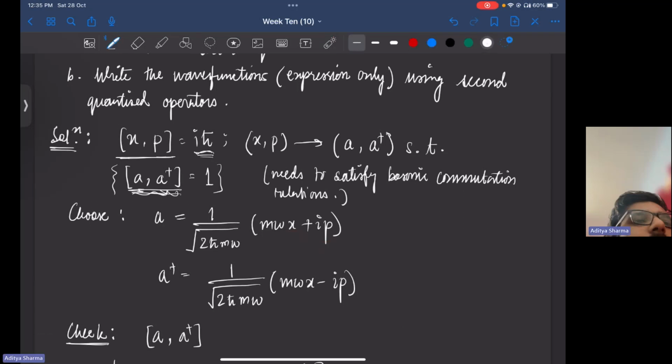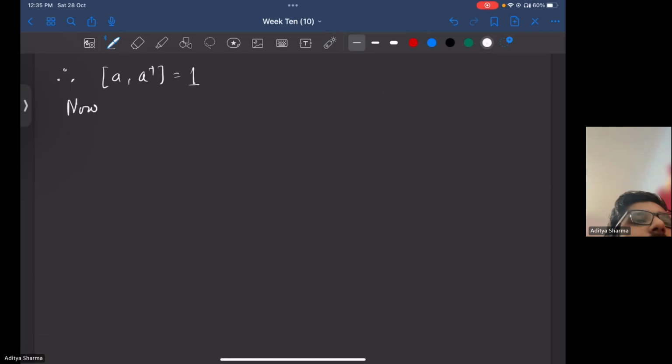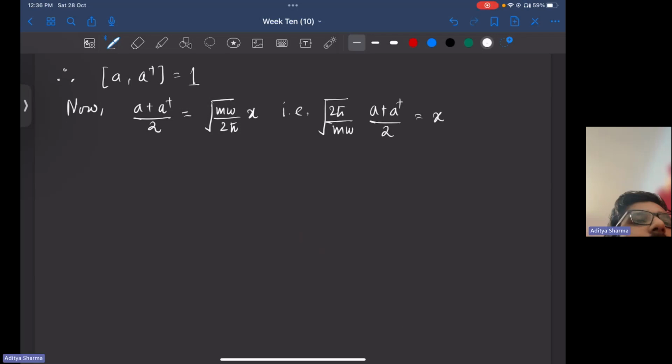So x is going to be, we add a plus a dagger by 2, going to get x equal to the square root of h-bar by 2 m ω times (a plus a dagger), and p is equal to (a minus a dagger) by 2i, times the square root of 2 h-bar m ω.